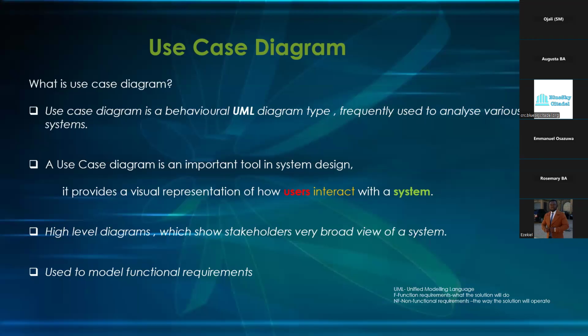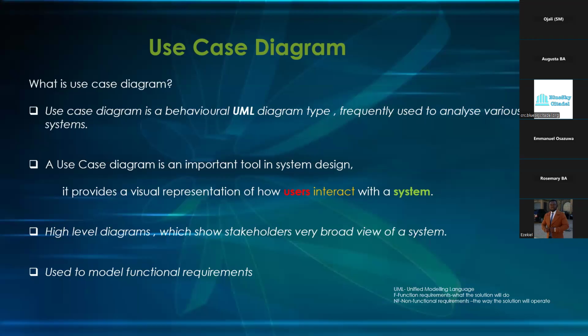Like I said, what's a use case diagram? A use case diagram, first of all, is a behavioral UML diagram. Again, if you look at your user story, your user story is behavioral, while your use case diagram is also behavioral.